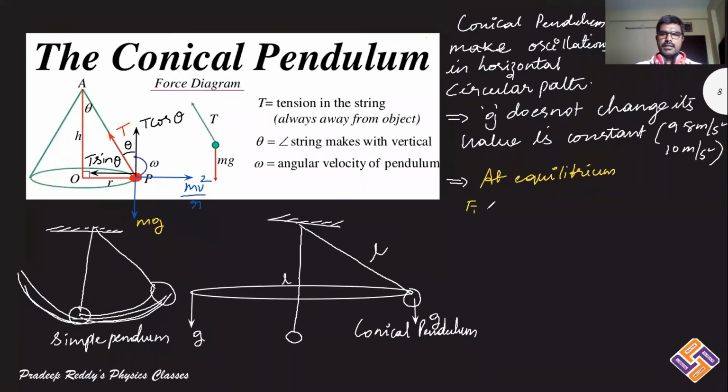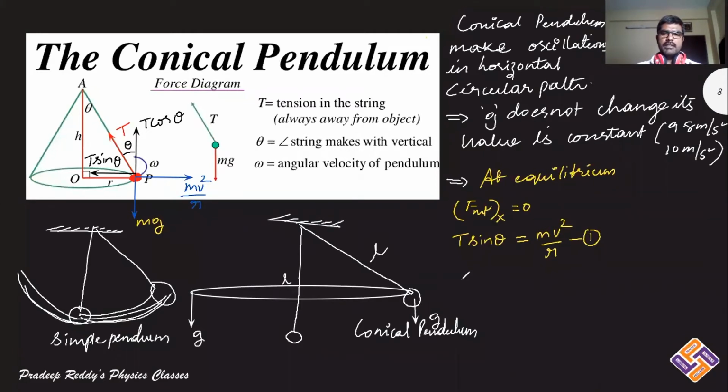F net along the x-axis should be equal to 0. F net along the x-axis is T sin theta. T sin theta is along the negative x-axis, and that should be balanced with the centrifugal force, which is mv square divided by r. This is equation number 1.